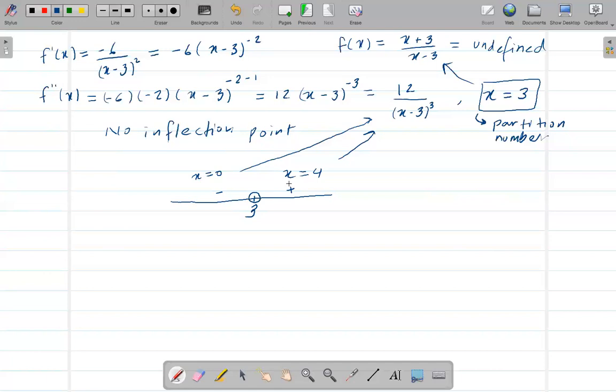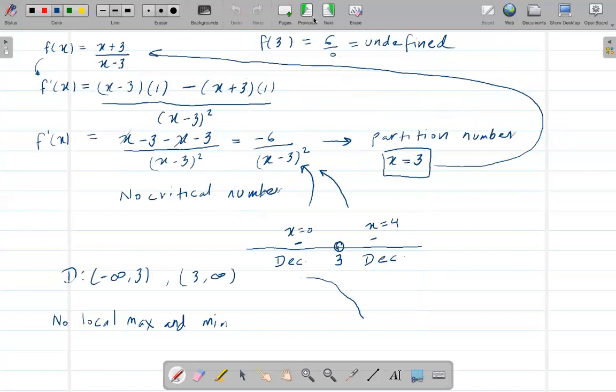Okay, so now once we have everything here, the last thing is to sketch the graph of f of x. To get the graph, first sketch the horizontal asymptote and vertical asymptote.